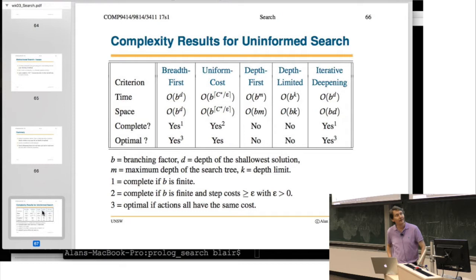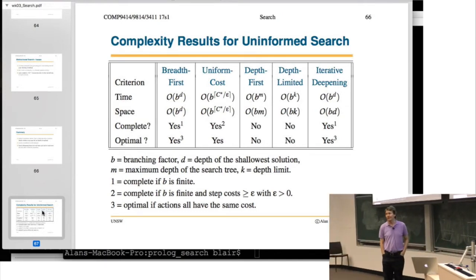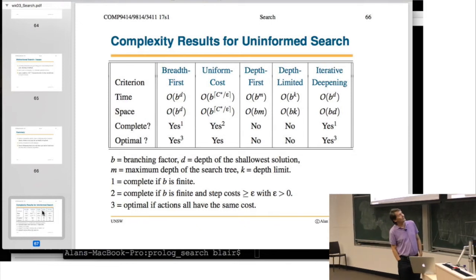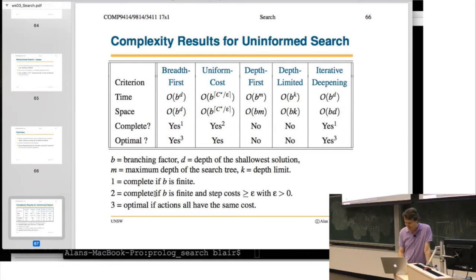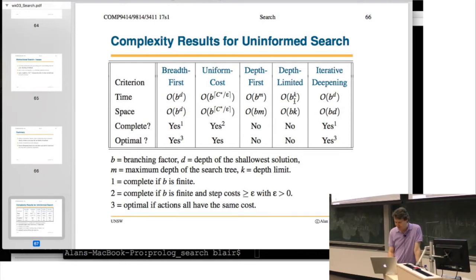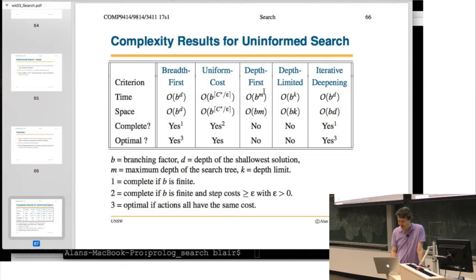And this is just a summary of the complexity results for some of these searches. So have a look at this. People have asked, do we need to memorize this table? But it's not really a matter of memorization. It's more to help you think about the algorithms. Why is it that depth first search has complexity order B times M?